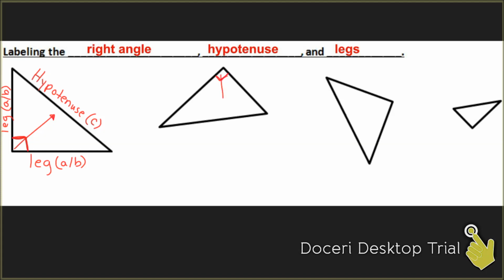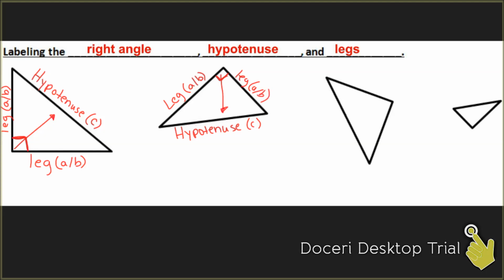It's just opposite of my 90-degree angle. So I'm going to label the longest side the hypotenuse. And again, that's always, always, always letter C. That's the side that has to be letter C. And again, that leaves our other two sides as legs. So we have one leg, and again, that's A or B. And we have another leg, that could be A or B.